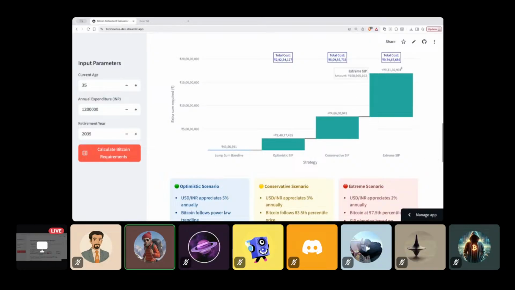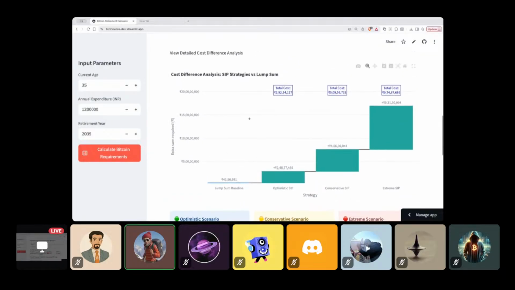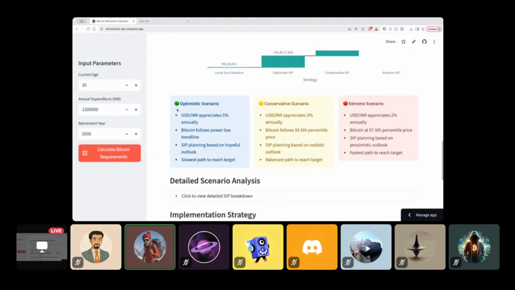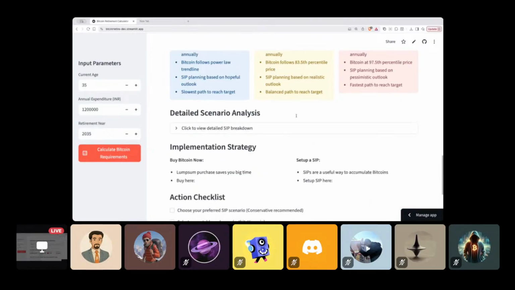And this is the conservative case, and this is the extreme case. As you see, in the extreme case, you'll have to shell out more money. So the best plan is to buy now. So that's about this plot.